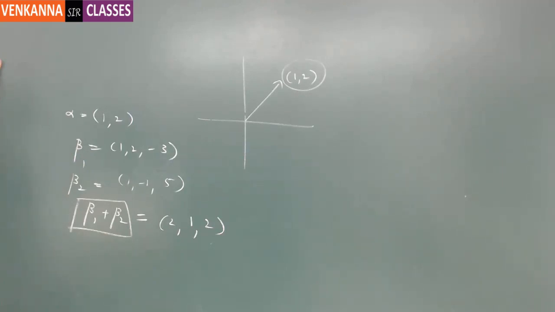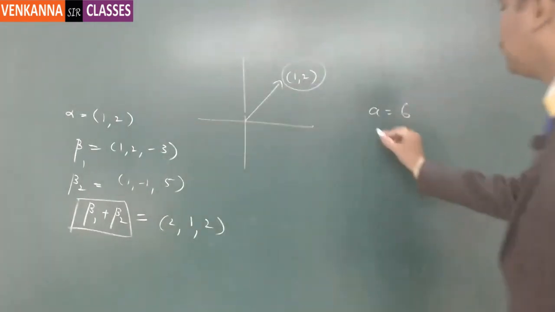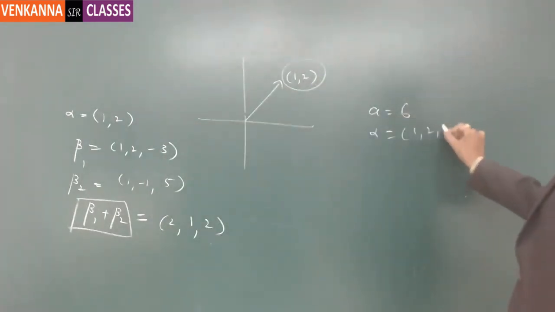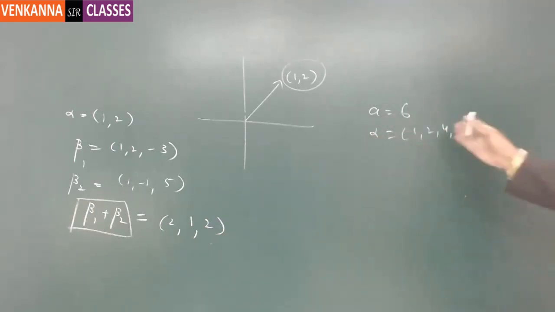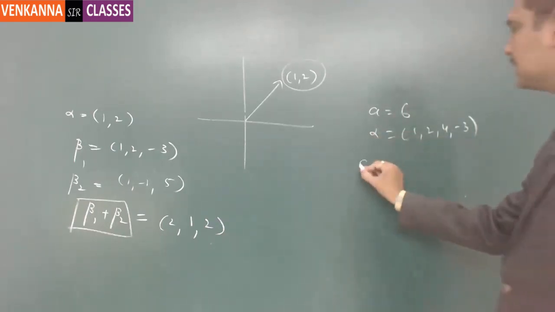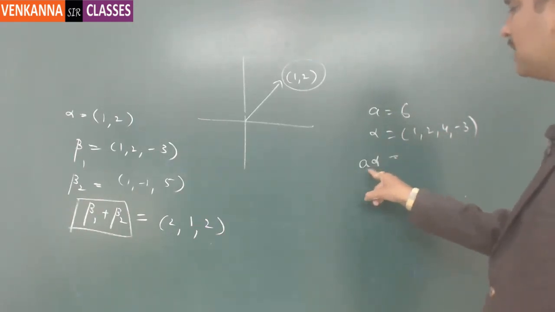And scalar multiplication means you take any number and multiply the vector with that scalar. Let me say I have taken a is equal to 6 and I took a vector alpha is equal to (1, 2, 4, -3). This is a vector having 4 coordinates. It is a 4D vector. And scalar multiplication means a alpha. A vector is multiplied with a number.